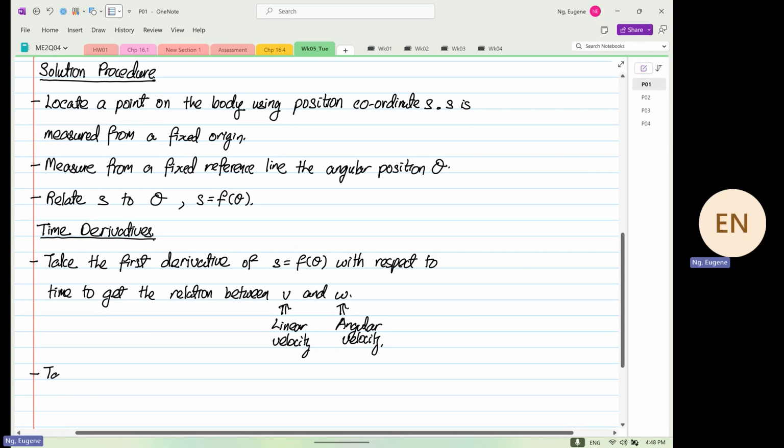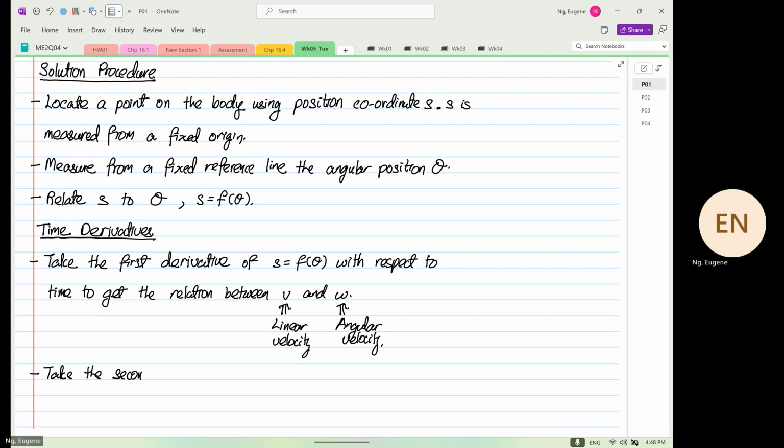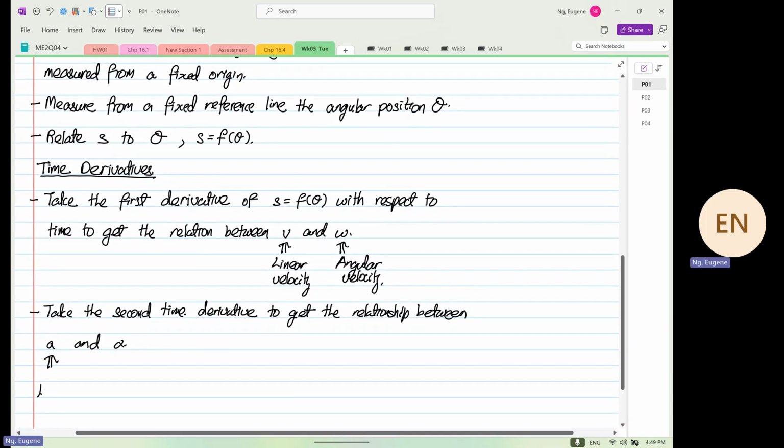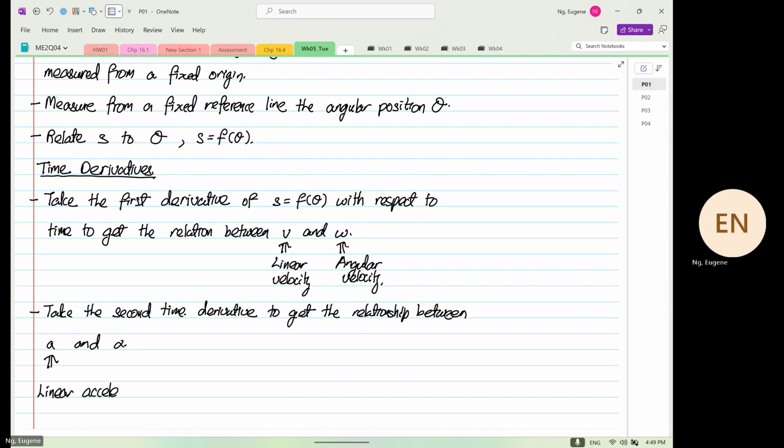Take the second time derivative to get the relationship between a and alpha, a being linear acceleration, and alpha being angular acceleration.